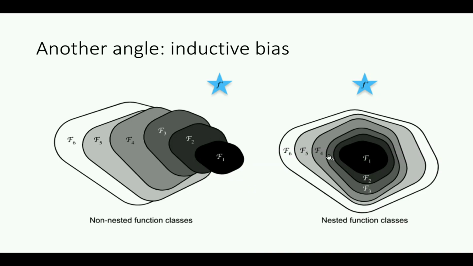So with this anchored nested function class, when you try to increase the function class, you search around what you know might already be good, and with the expanding capacity, you're monotonically approaching the good solution without losing efficiency, without assigning weights to other parts of your model.